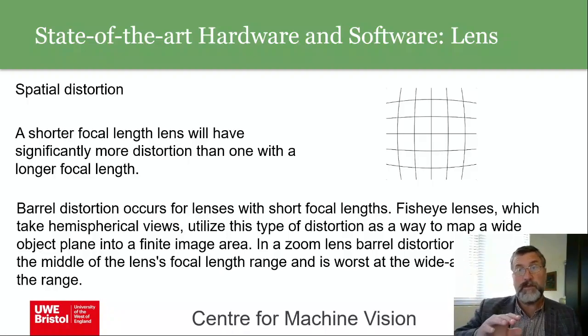You might find that the beam appears to be curved, even though it's obviously straight. This is barrel distortion that occurs with lenses with fairly short focal lengths. An extreme example of such a lens is a fisheye lens that you've seen, where you get tremendous distortion, but a very wide field of view.